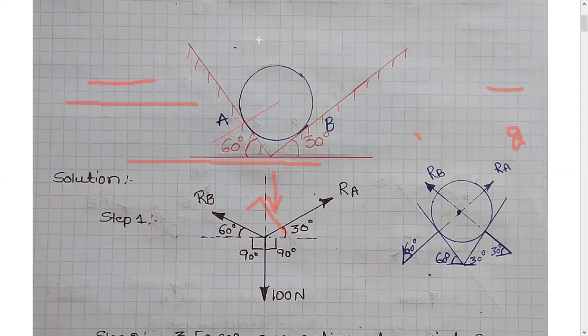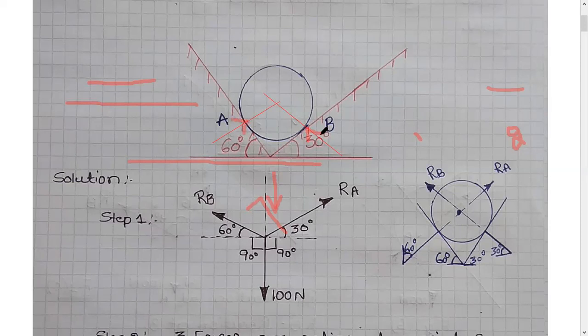Here you see the contact surfaces: at point A the sphere has been in contact, and at B also. So wherever a contact surface comes, we will definitely get a reaction force from it.